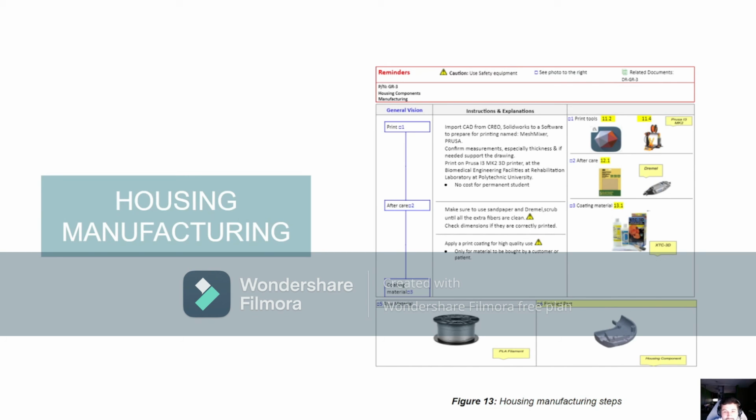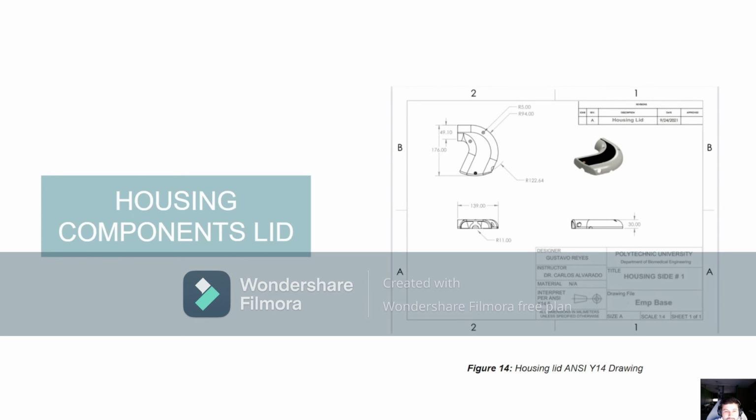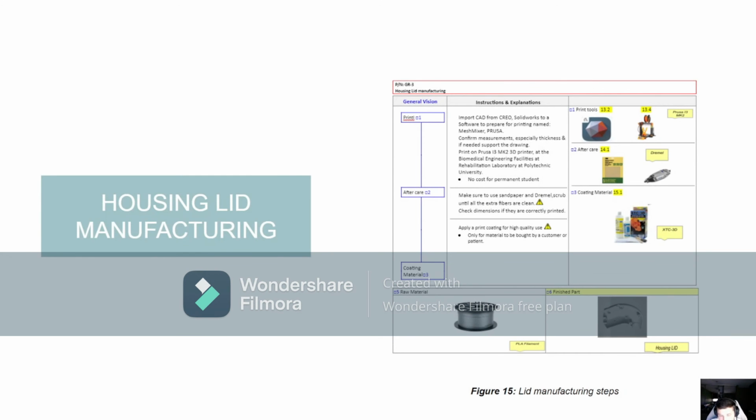Using the PLA material for the housing lid, it has the same dimensions and manufacturing process as the housing components. You can observe all the dimensions correctly in the ANSI standard. The manufacturing was developed in the three steps we have been using for all the 3D printing processes: print, aftercare, and coating material.